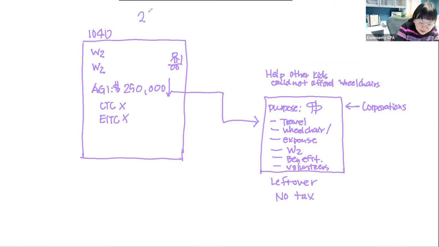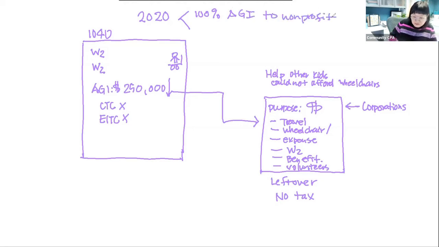In 2020, there are two big donations you can do. You can donate 100% of your AGI to a nonprofit, no limitation this year.